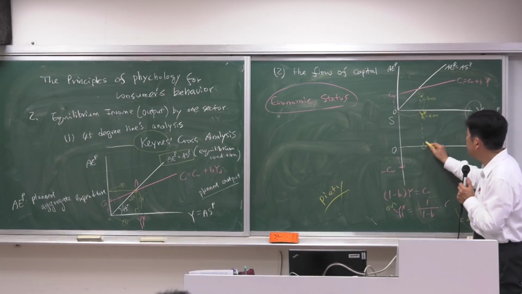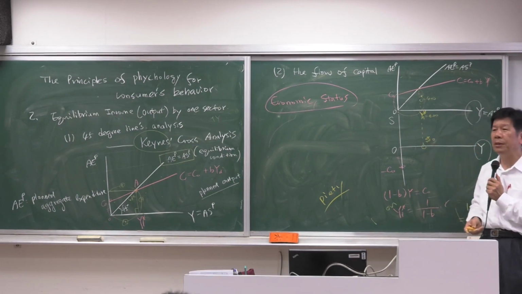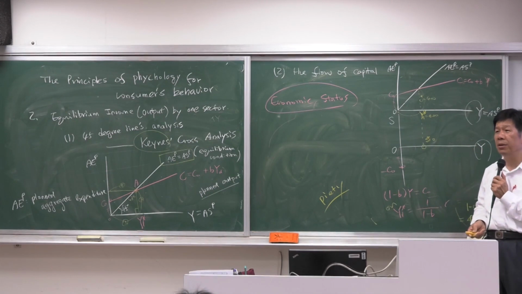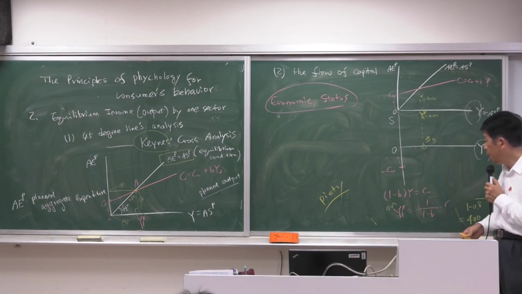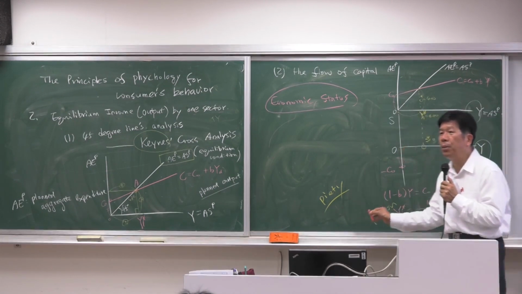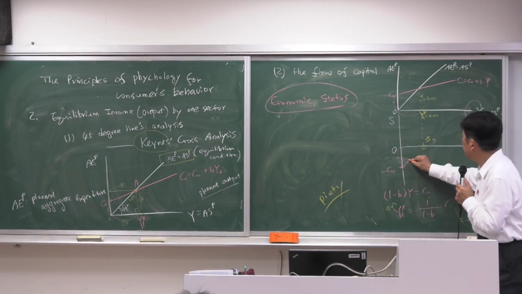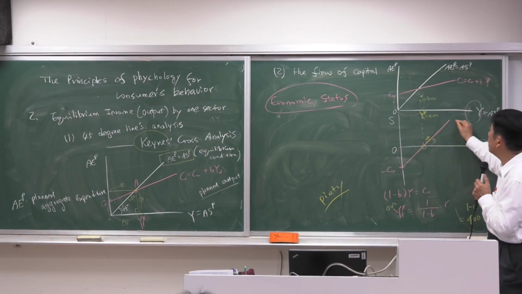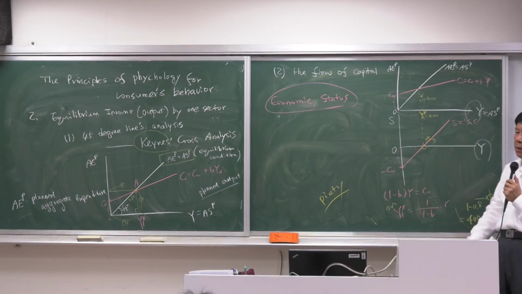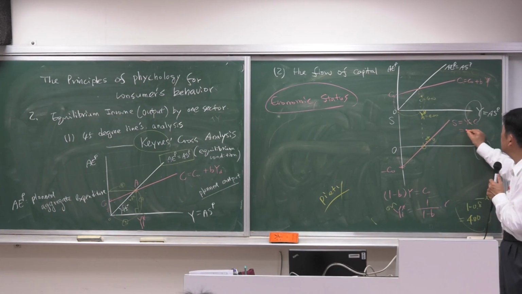So this point represents your optimal point. Optimal savings would equal 0. Okay? And after that you connect these 2 points. So this line comes to y minus c. Okay? And then you continue. What's this?